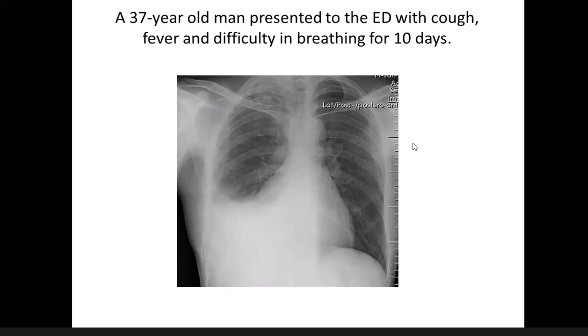Now to detect a pleural effusion on a chest X-ray, how much fluid should accumulate in the pleural space? Roughly 300 milliliters.